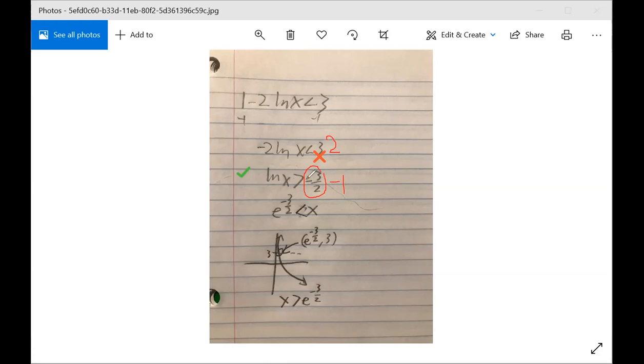So he used the definition. ln x is an increasing function, e to the power of x is an increasing function. Therefore, x is going to be larger than e to the power of -1. He also demonstrated this piece of curve.